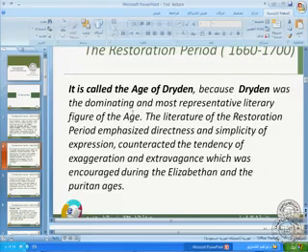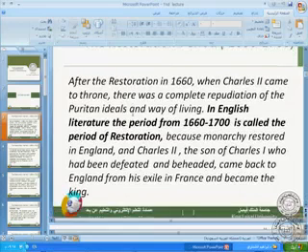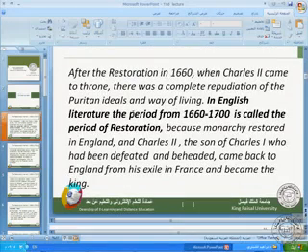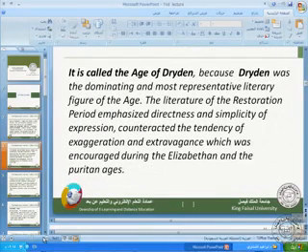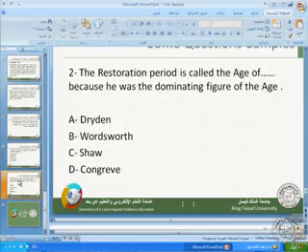So the answer to the second question is that the restoration period is called the age of Dryden, because he was the dominating figure of the age.